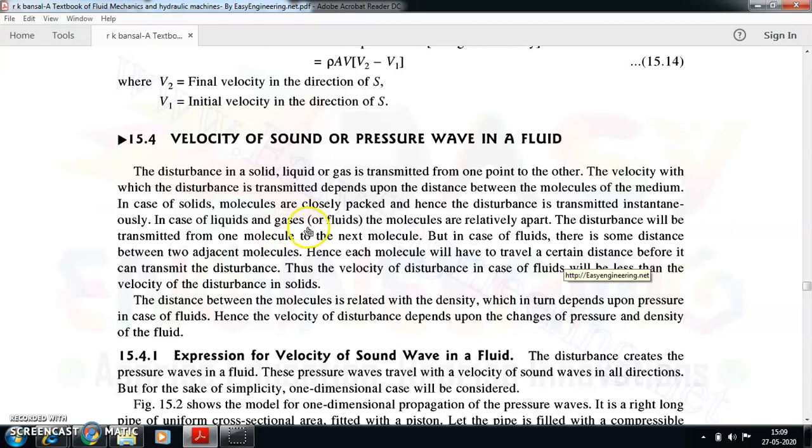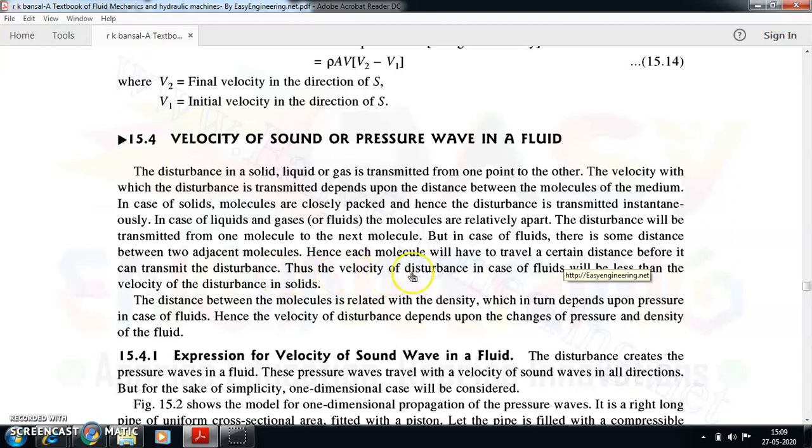But in the case of liquids and gases, the molecules are relatively far apart, so the molecule has to move some distance. In the case of fluids, there is some distance between two adjacent molecules, so the molecule has to travel a certain distance before it transmits the disturbance.